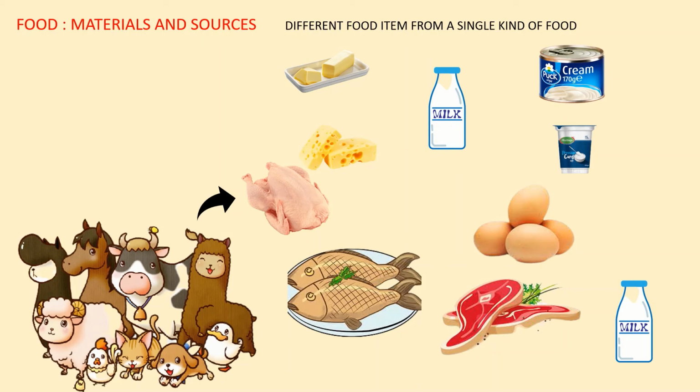In a similar way, from egg you can make cakes, you can bake muffins, you can make an omelette, you can make anything you want from eggs. So, this is how different food items from a single kind of food are used, and we saw the food materials and sources available for food.